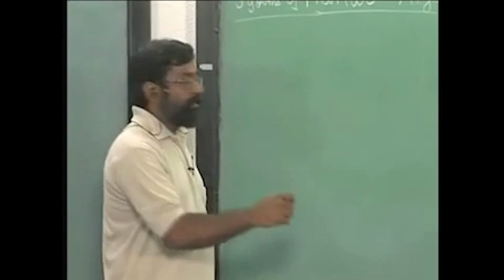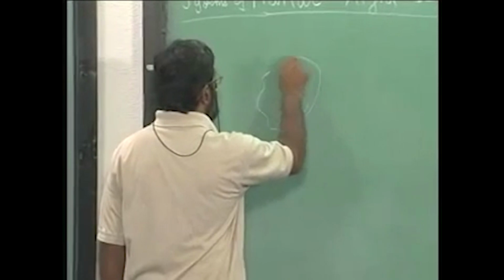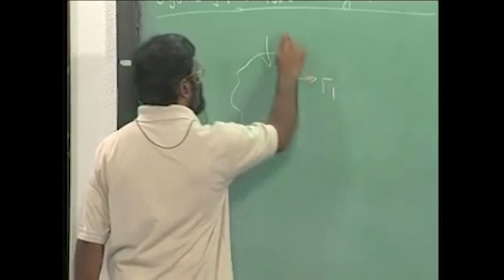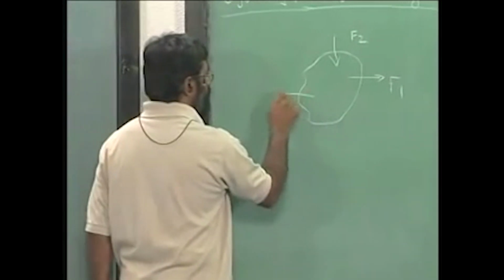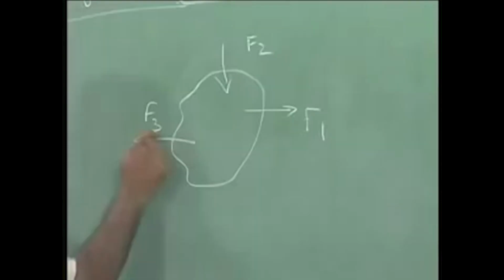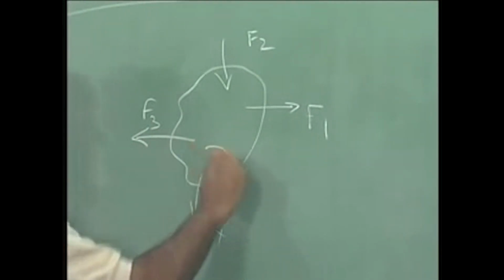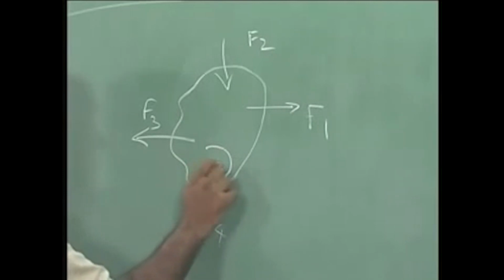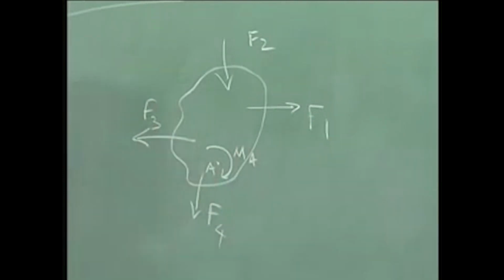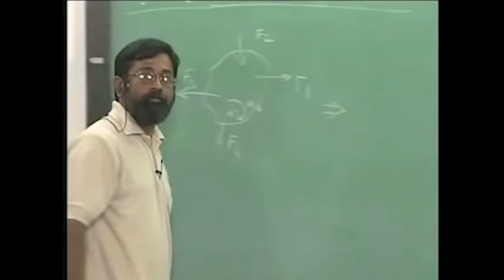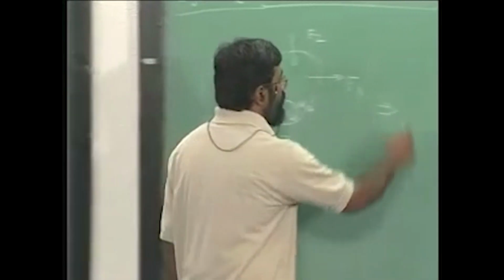To start with, let us examine a planar rigid body subjected to various forces, let us say F1, F2, F3, F4, let us say there is a couple here, MA and so on. One thing that we already know is we can convert this into an equivalent rigid body.